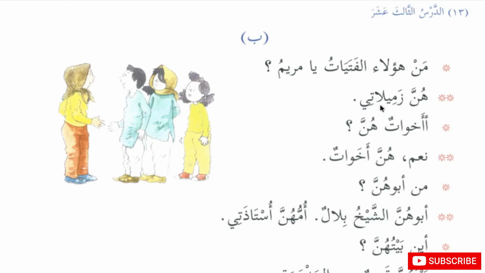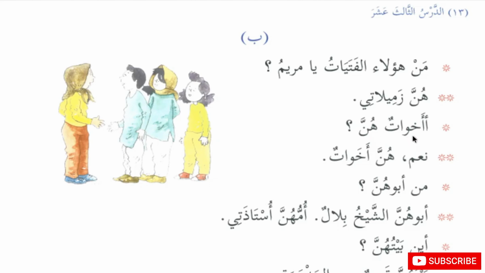Zamilat. So the word is zamil, singular. To make it a female plural, for a human, you would say zamilat. You add alif and ta. Now to say my, you would add the ya at the end. So it's hunna zamilati. Akhawatun hunna.